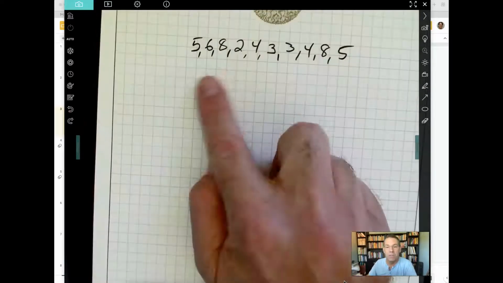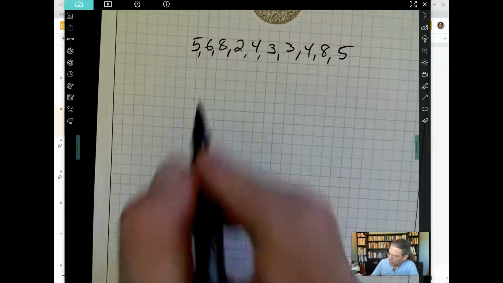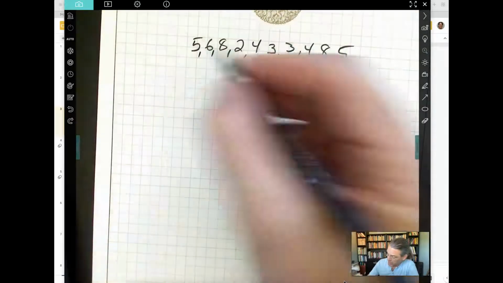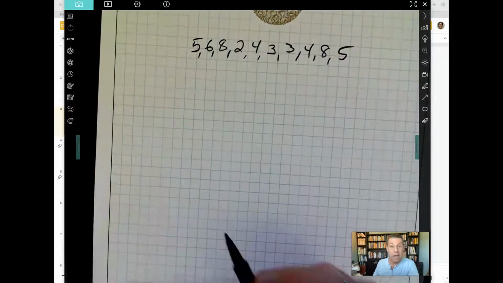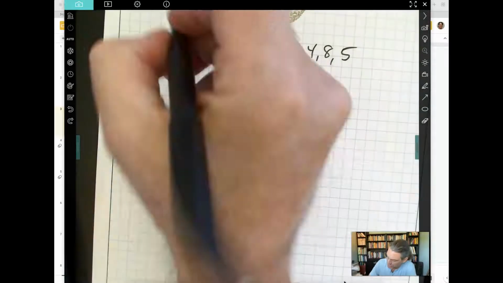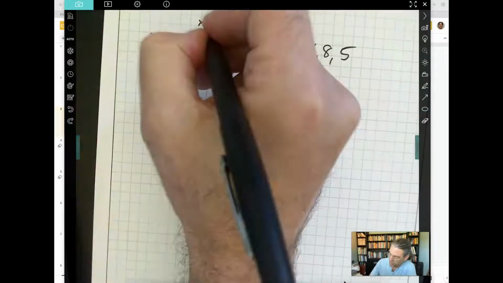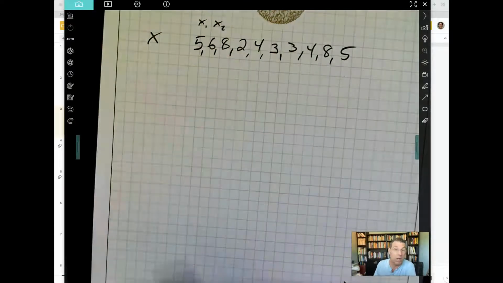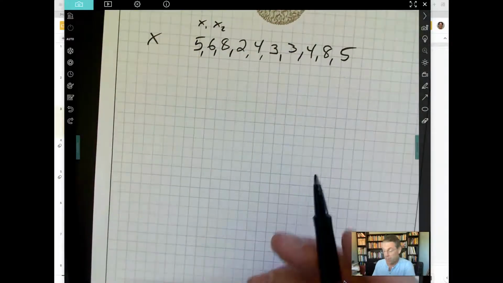Okay, so these are the random set of scores we're given. Looks like 10 people here. Those 10 people each had a different score, so they vary on whatever we're measuring. So these are all technically X's. An X is an individual score. Maybe the first one would be X sub 1, the second one X sub 2, and so on. But these are all X's from 10 different people.